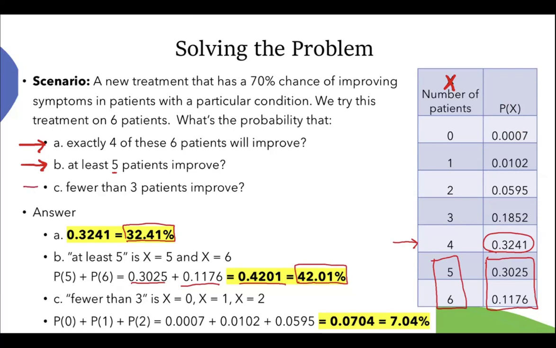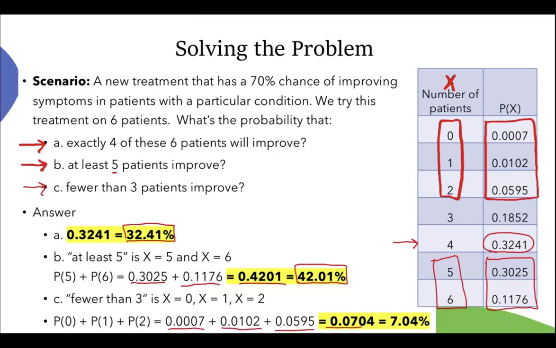And then the last question, fewer than 3. Fewer than 3 means 0, 1, and 2. So adding up the 3 probabilities that correspond to x of 0, 1, and 2 gives us 0.0007 plus 0.0102 plus 0.0595.